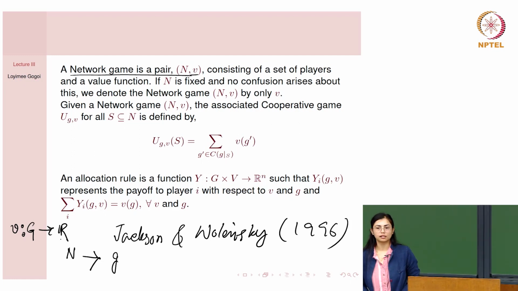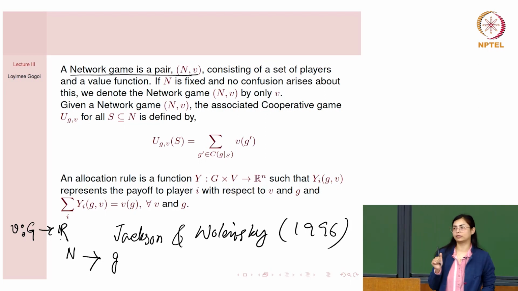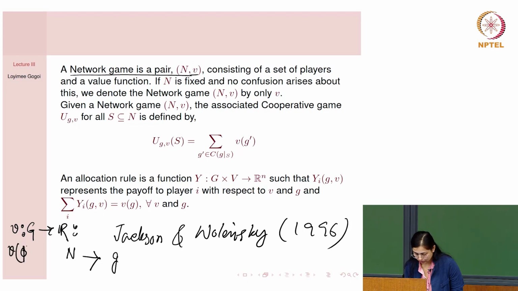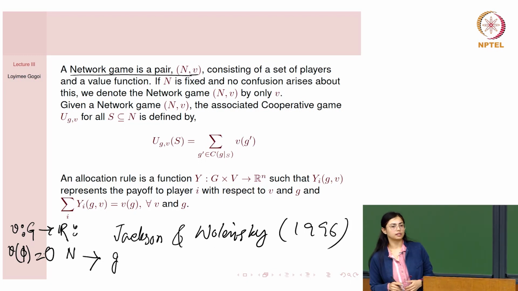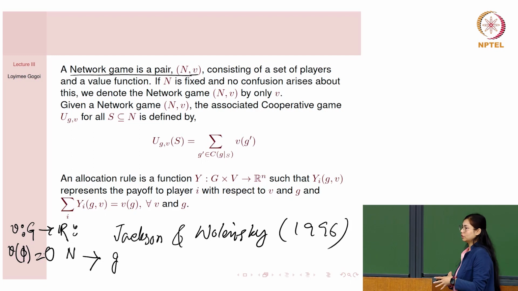What is the Z that I already defined? It is the class of all possible networks on N, such that the empty network will generate 0 worth.